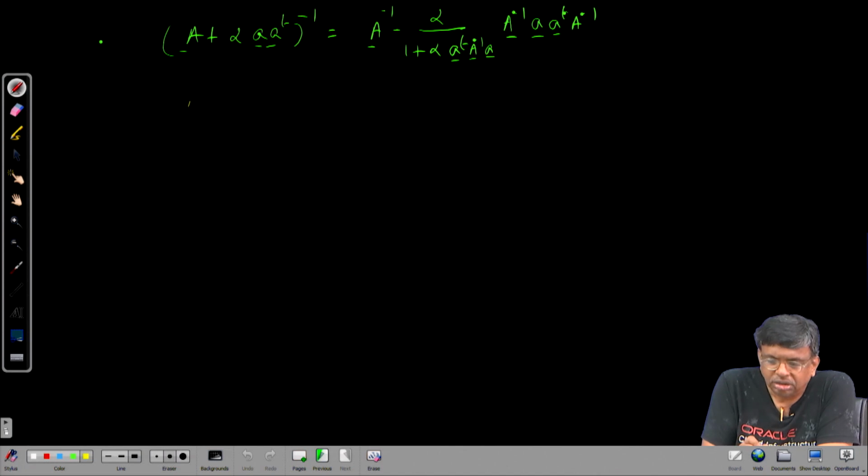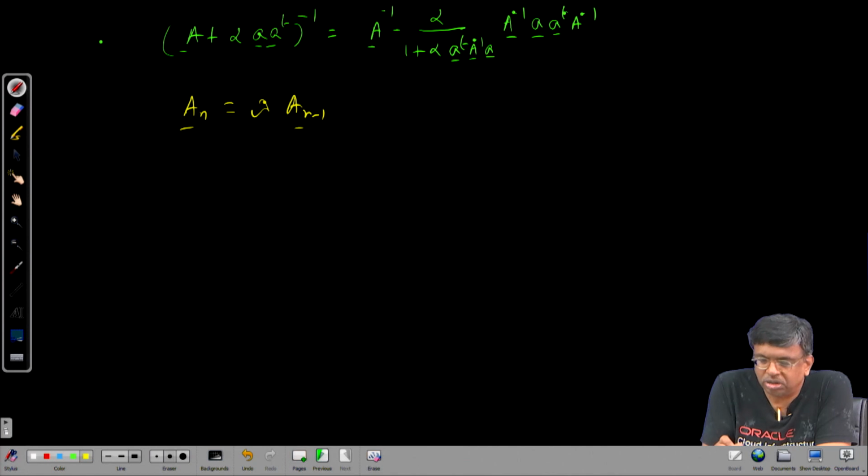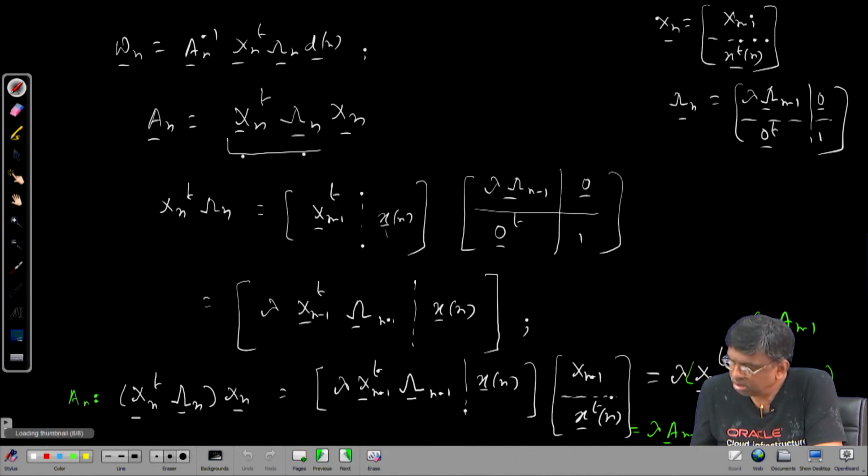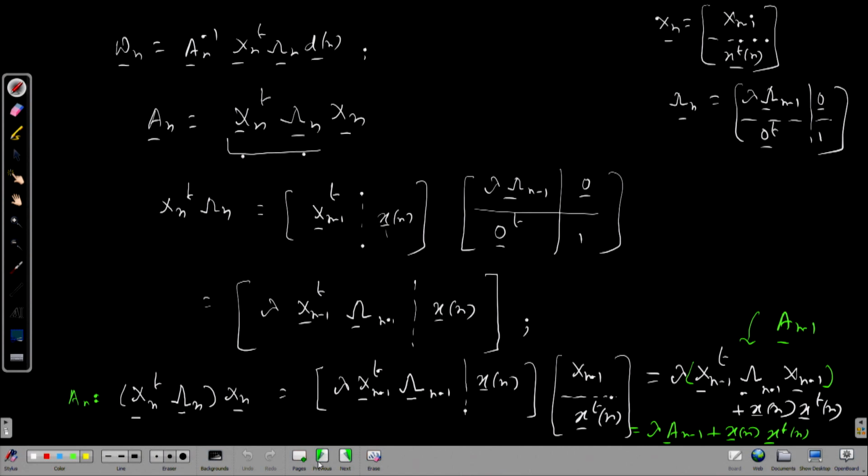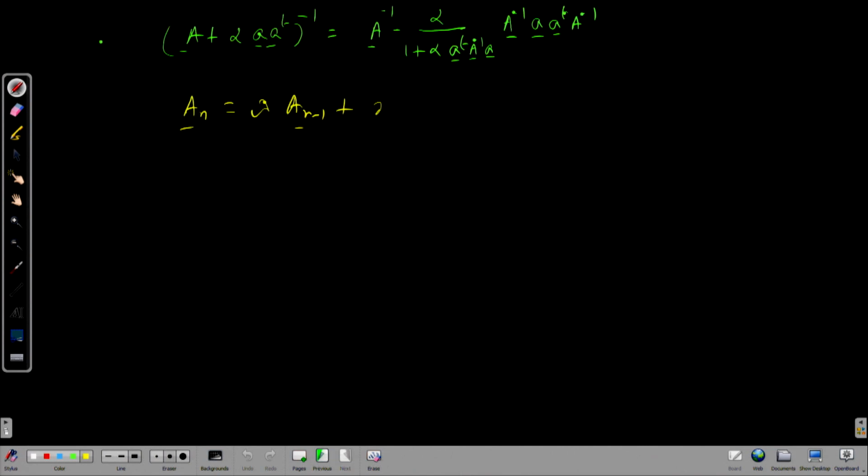That is, I have A n equal to lambda times A n minus 1 plus x n x transpose n. But I am interested in A n inverse. I am assuming both A n and A n minus 1 are invertible. This is invertible, that the total is invertible. That is what I am assuming.